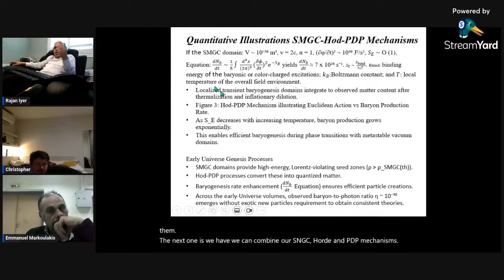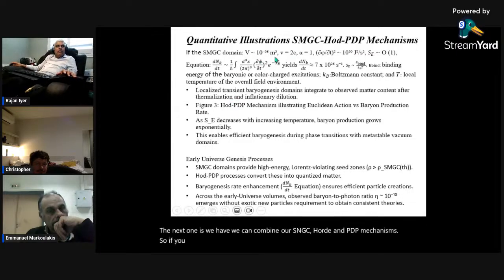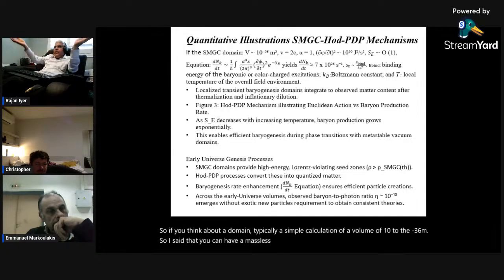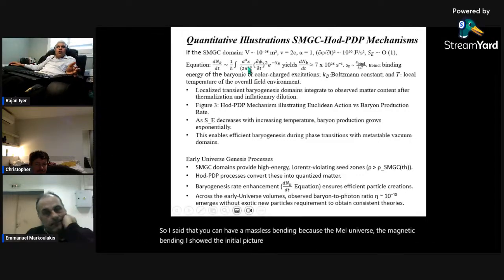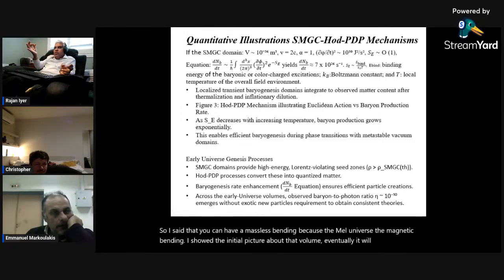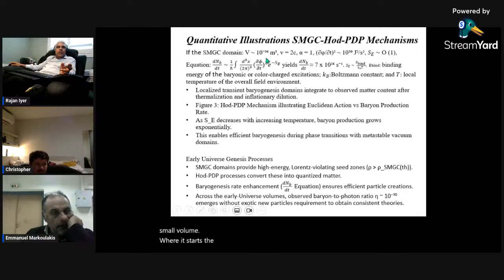Okay, so the next one is we can combine now SNGC, HOD, and PDP mechanisms. So if you think about a domain, typically a simple calculation of a volume of 10 to the minus 36 meter. So I said that you can have a massless bending because of the Mel universe, the magnetic bending. I showed the initial picture about that, and that volume eventually will create like a crucible, a small volume where it starts the nucleation process, and that could be like 10 to the minus 36 cubic meter.